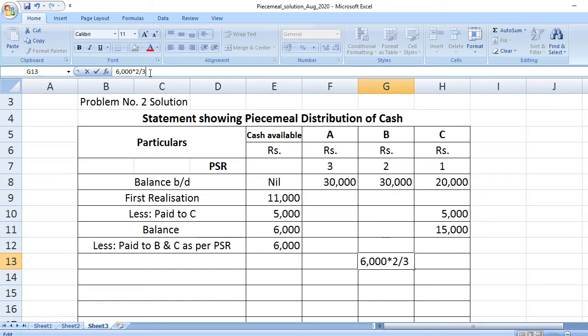So 6,000 into 2 divided by 3. How much amount will come? Can you guess? It's 4,000.